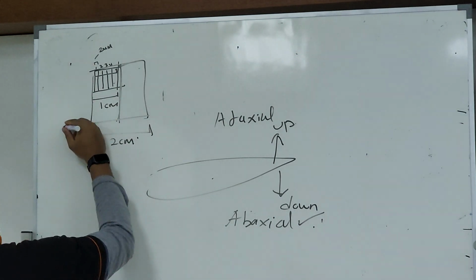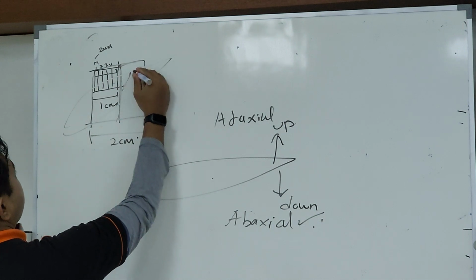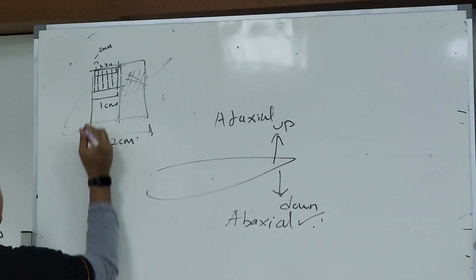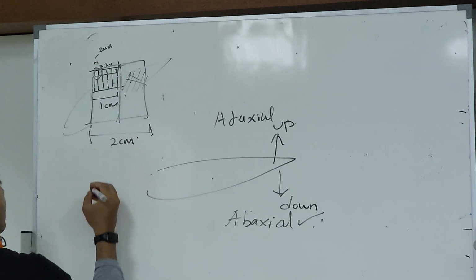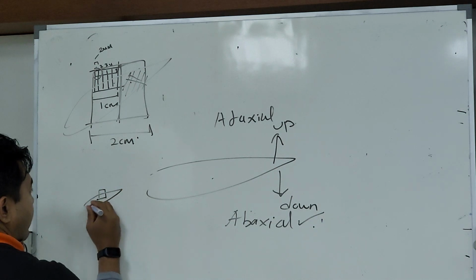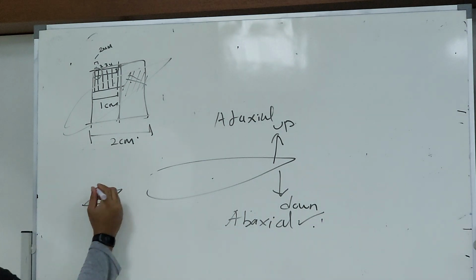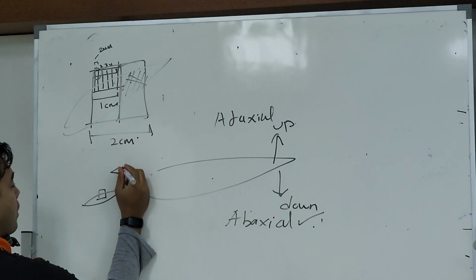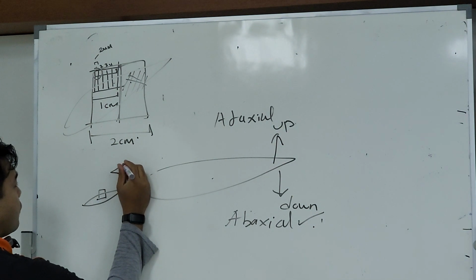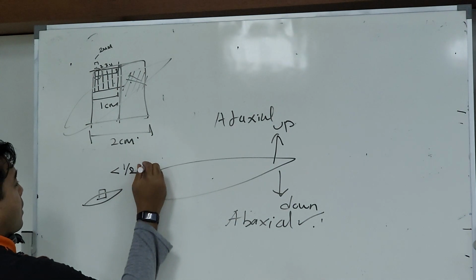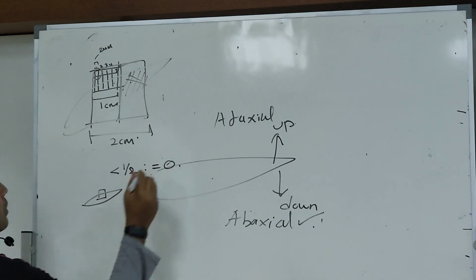If your leaf occupies a region, and when you zoom out, looking at one small section, the rule is: if it's less than half, it equals 0.